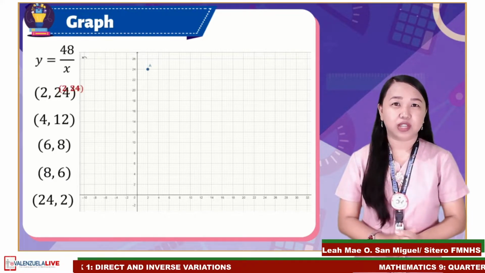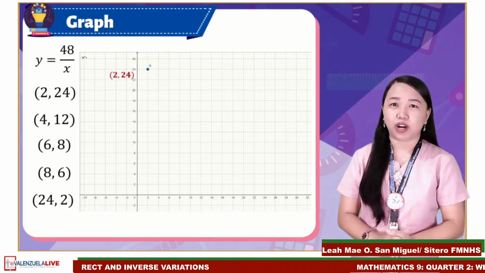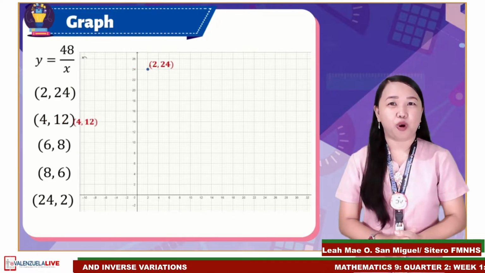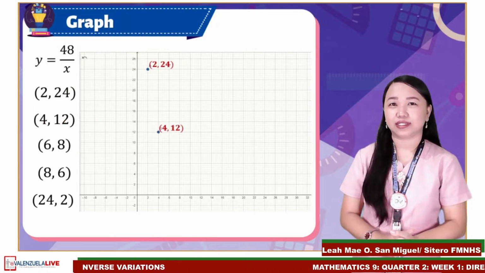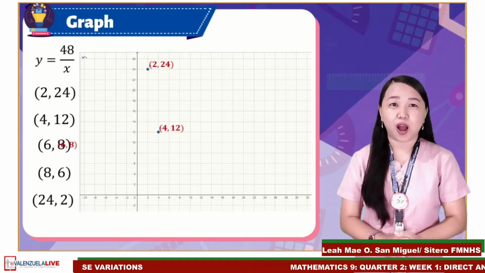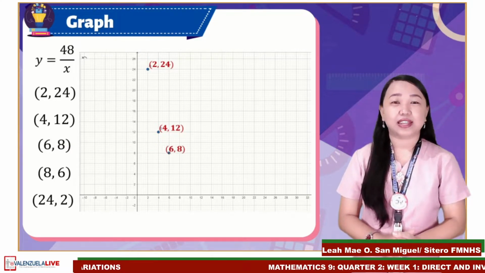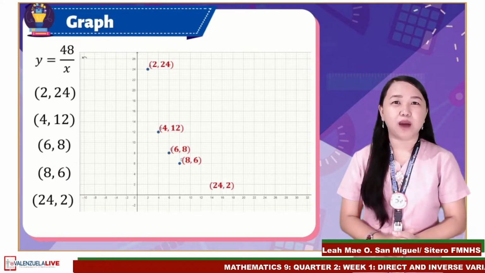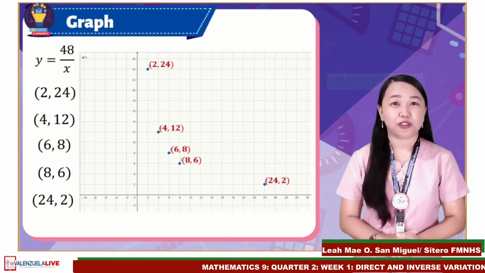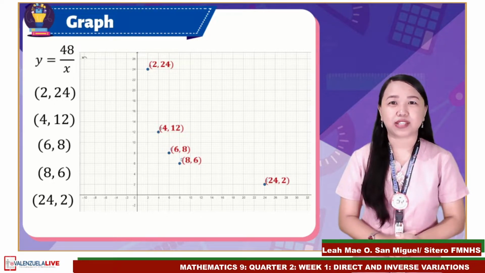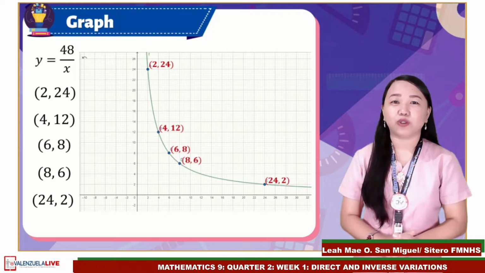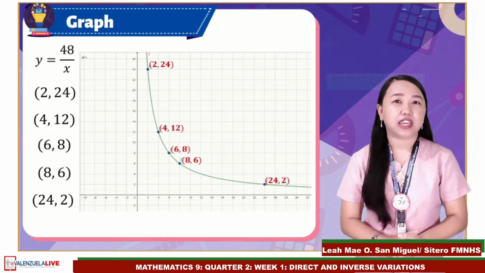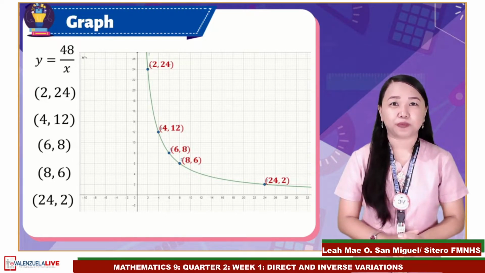We have (2, 24), (4, 12), (6, 8), (8, 6), and (24, 2). Then, connect the points. This is now the kind of graph that an inverse variation has.